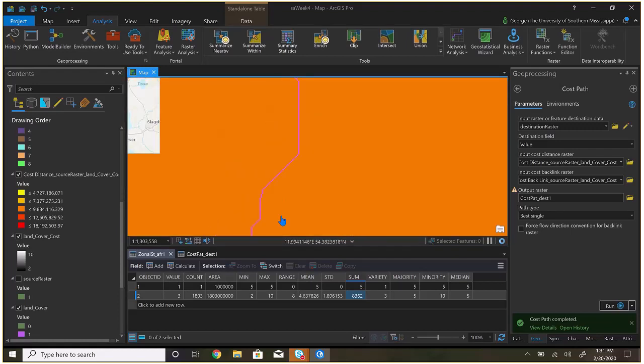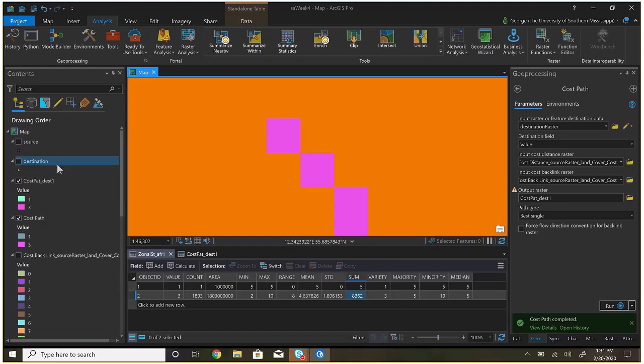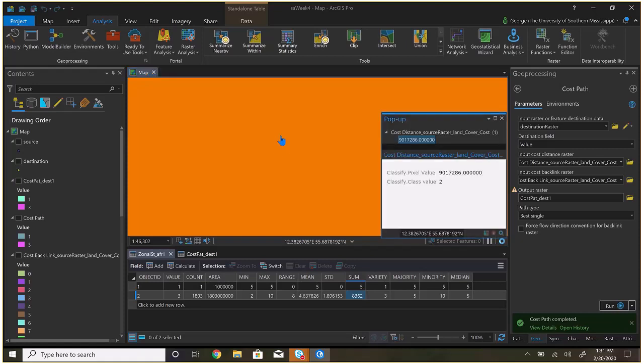So theoretically, not theoretically, the value at the end of our destination, this cell right here, if we get that value, or we get that cell right there, cost distance. So that's 9017286. So that's actually the right number.